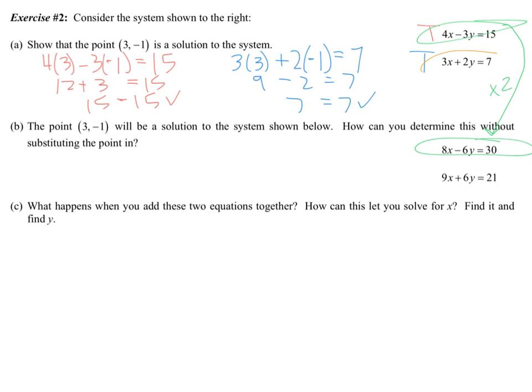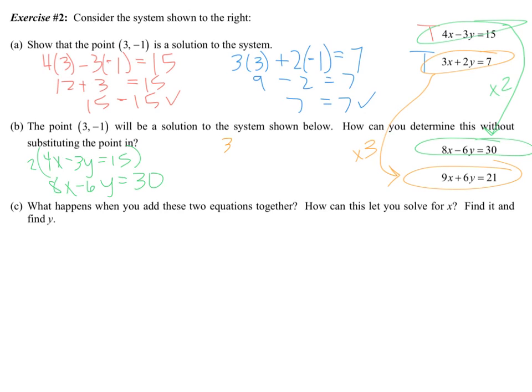And then our second one, to go from 3x plus 2y equals 7 to the new equation, you multiplied by 3. To show that, the first one, 4x minus 3y equals 15, if I multiply that by 2, I get 8x minus 6y equals 30. In the second equation, 3x plus 2y equals 7, if I multiply everything by 3, I get 9x plus 6y equals 21.